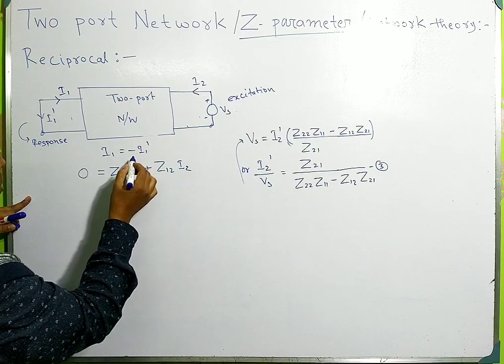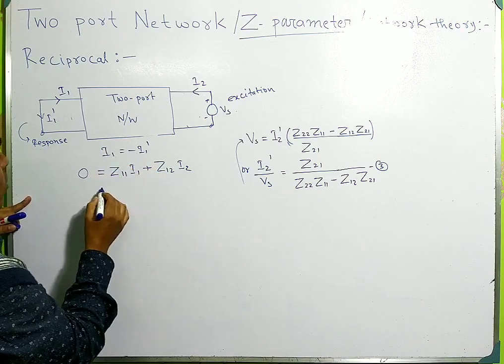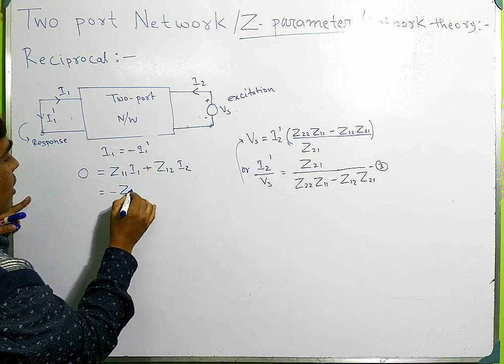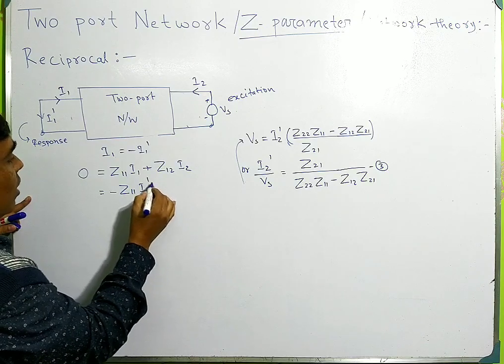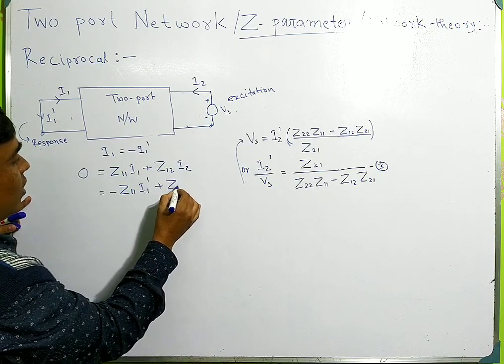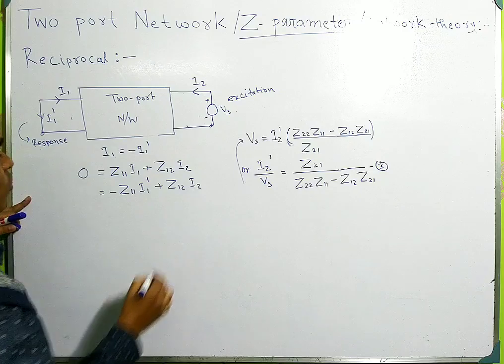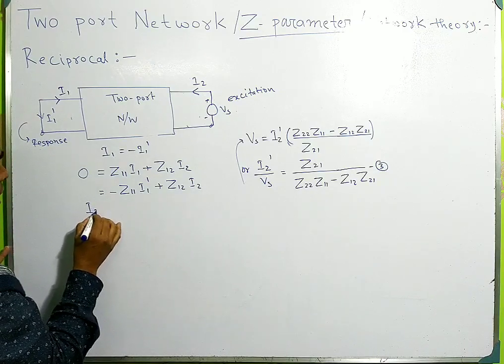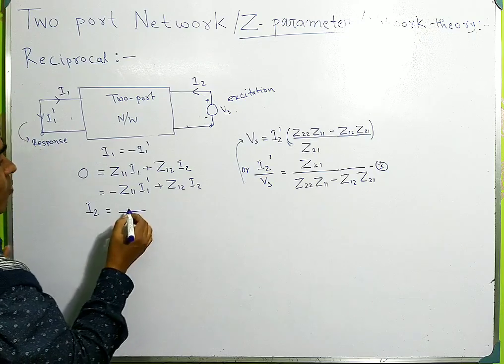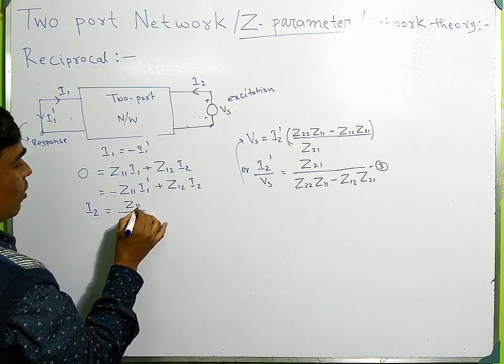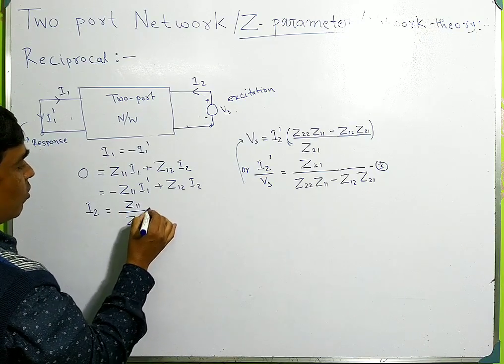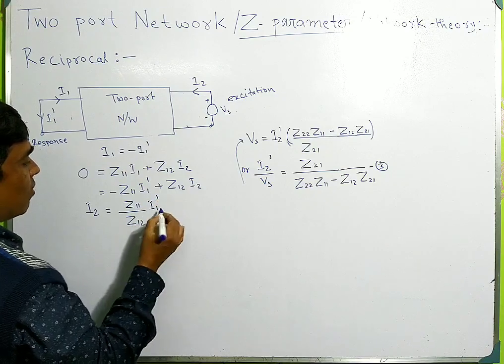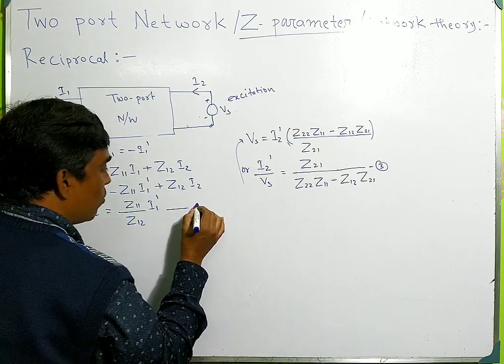From this equation we put the value of I1, so it will be minus Z11 I1 dash plus Z12 I2. So from this equation we can write that I2 equals Z11 divided by Z12 into I1 dash. This is equation 4.